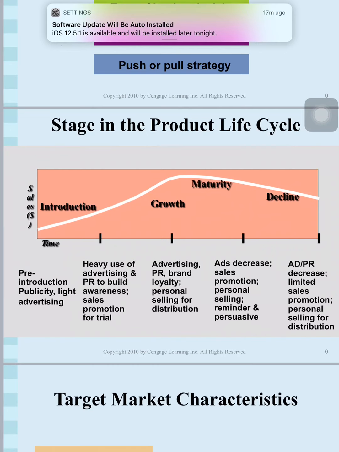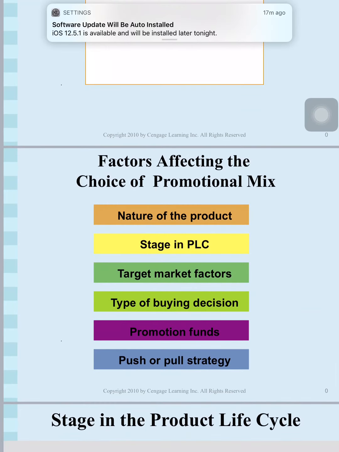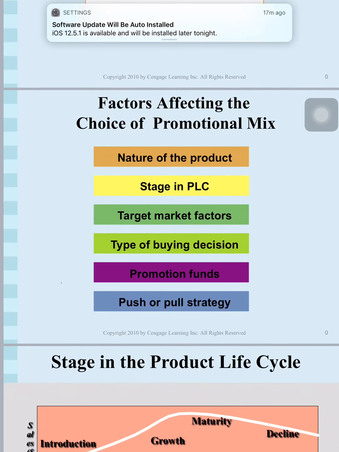Basically, the buyer looks for new products in the market and so on. Okay, so this is what is meant by the stage in the PLC. When you go through the stages in the PLC, you know which elements of the promotional mix are suitable, stage by stage.